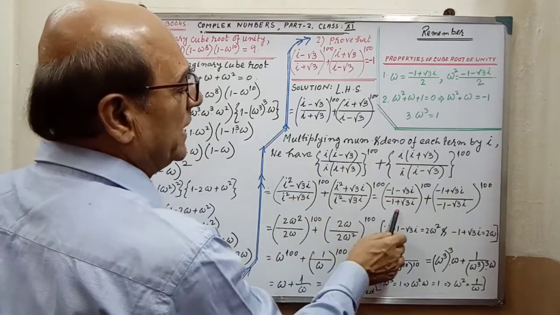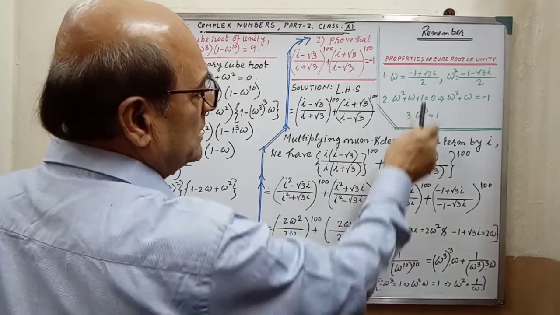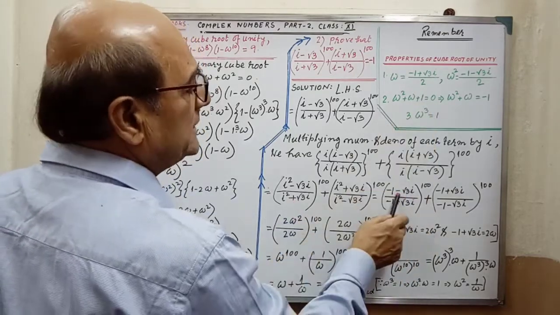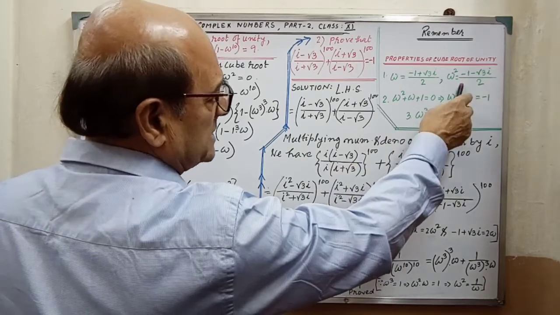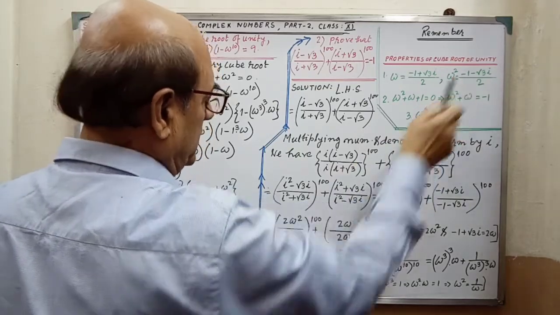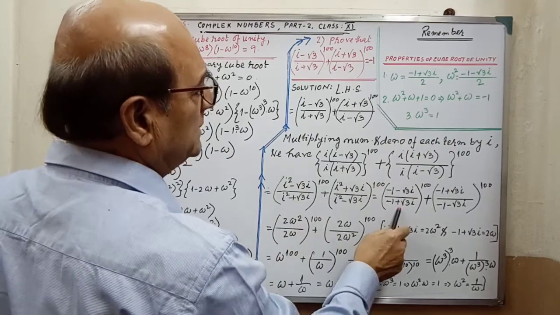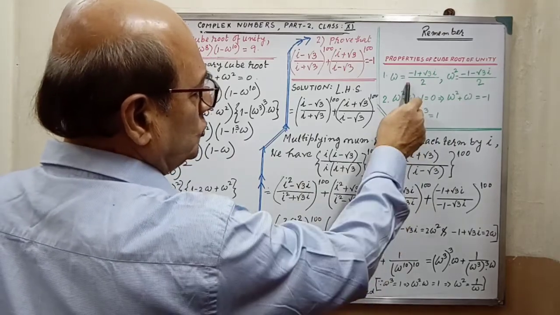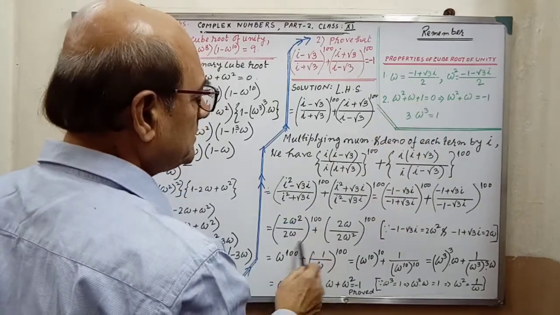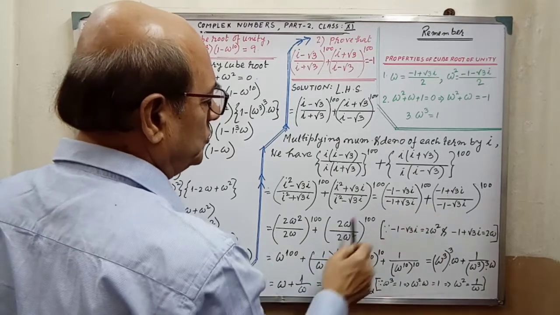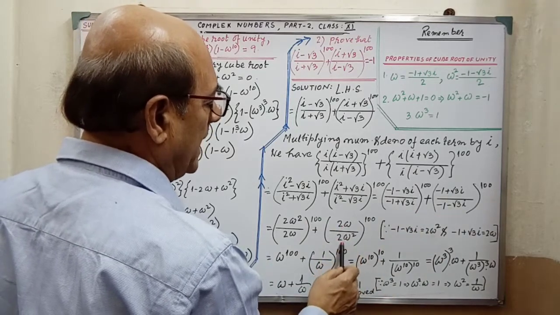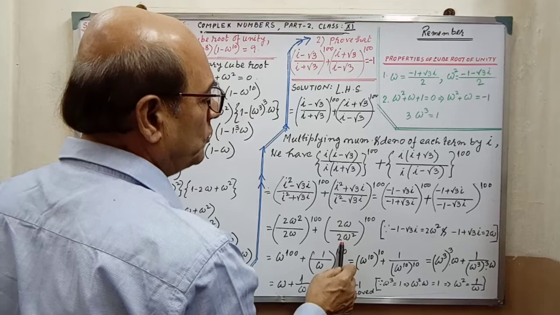Then by simplifying and putting the value, this by 2 omega. In this place we may write, by cross multiplication, 2 omega square, and this is omega, that is 2 omega. In the same way here we will get 2 omega, and this will be 2 omega square.